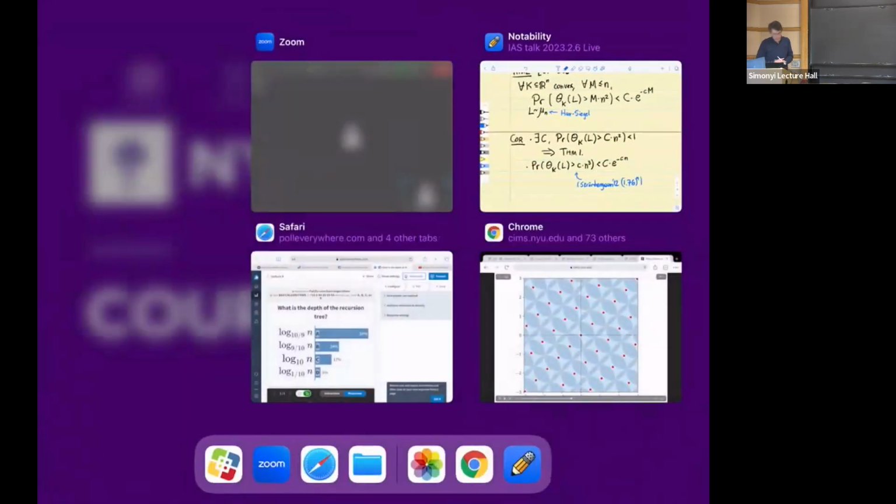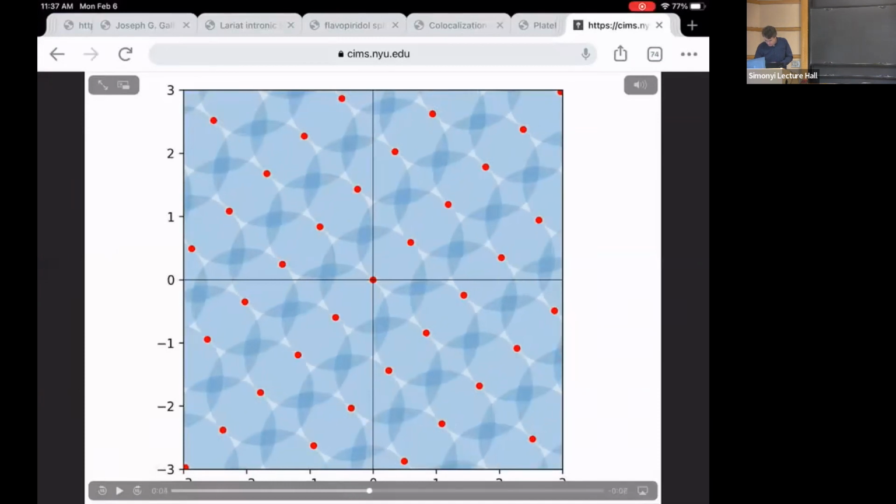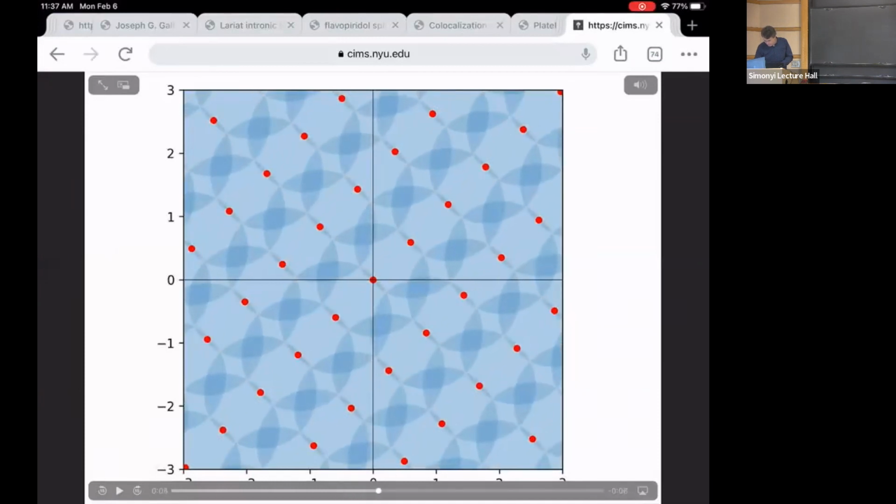What we did next is basically continue that video further. Let's think about what happens if you go further on. At some point those balls keep increasing in size. For instance, at this point here, no point is covered only once; I think all points are covered at least twice.